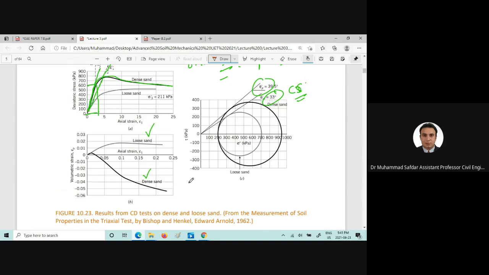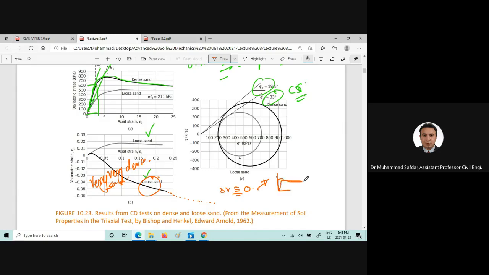Actually, this phenomenon occurs in very dense sands, where you won't see the change in volume equal to 0. If the change in volume is not equal to 0, that concept is related to the stress-strain behavior, which will also not level off.